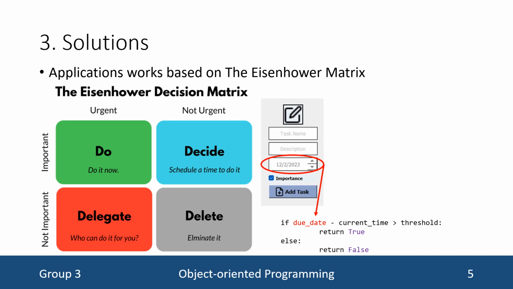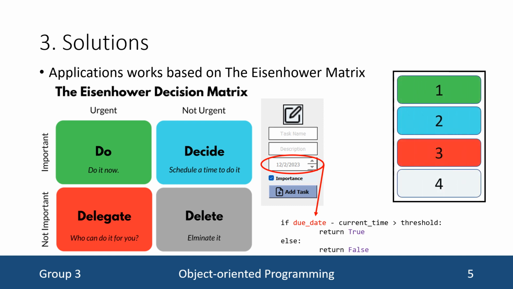Finally, we use this matrix to group all the tasks into four groups and stack them like this. The most important is do, then decide, delegate, and delete. So that's all for the rules and the solution we use to sort all the tasks in prioritized order.